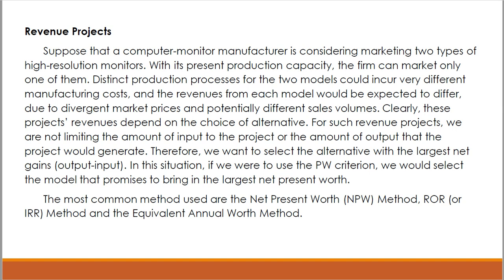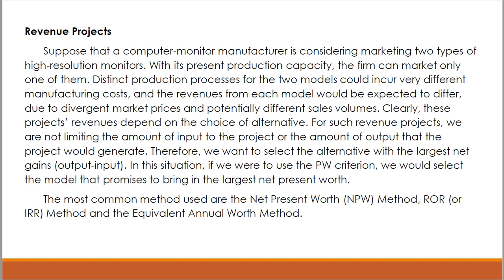Distinct production processes for the two models could incur very different manufacturing costs, and the revenues from each model would be expected to differ due to divergent market prices and potentially different sales volumes. So clearly, this project's revenues depend on the choice of alternative. For such revenue projects, we are not limiting the amount of input to the project or the amount of output that the project would generate.